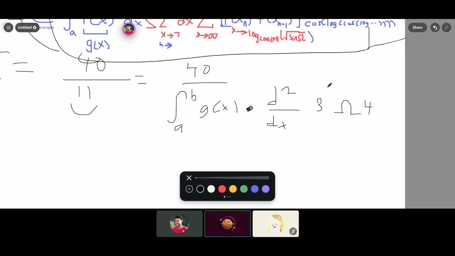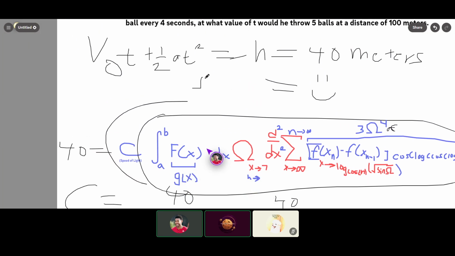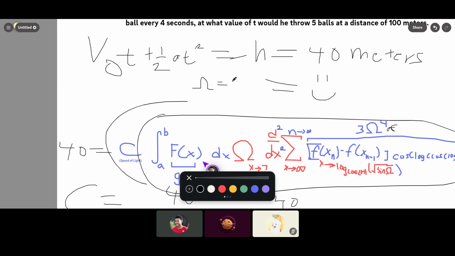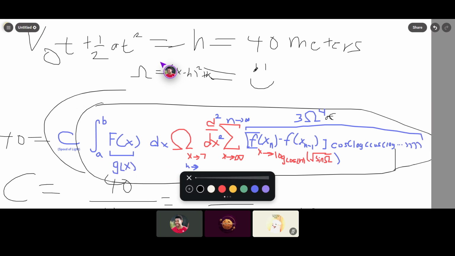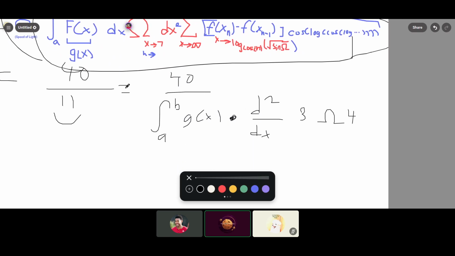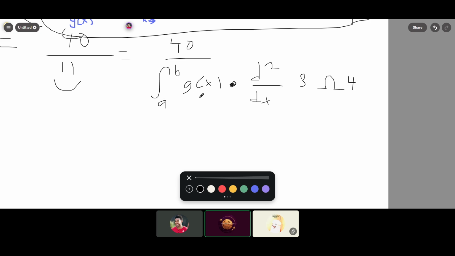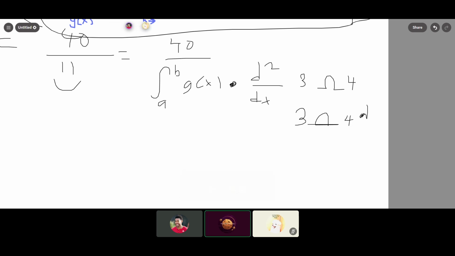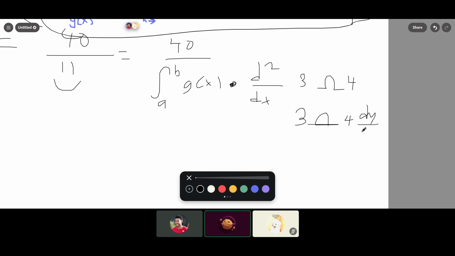Since we know that omega is equal to the equation of a parabola, we can do implicit differentiation to find this out. So by using implicit differentiation, we're going to have to do 3 omega 4 with respect to t, dy over dt to be exact.